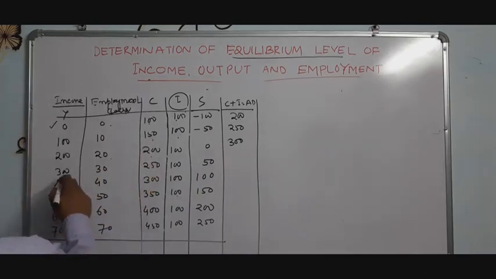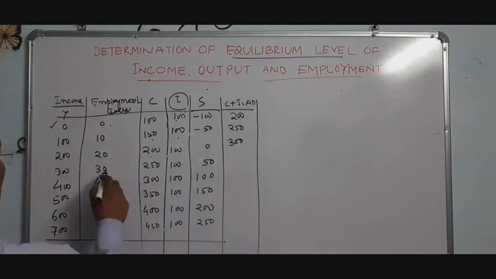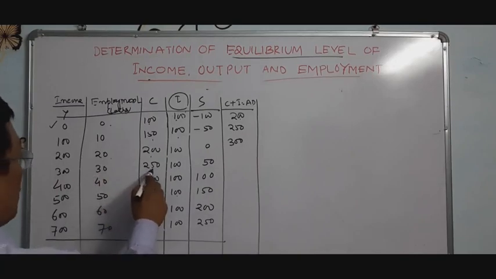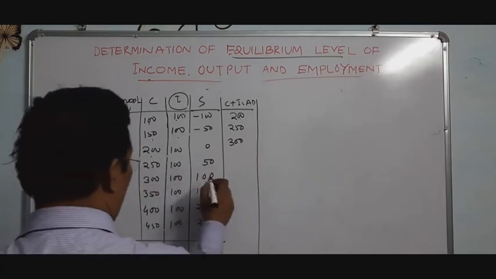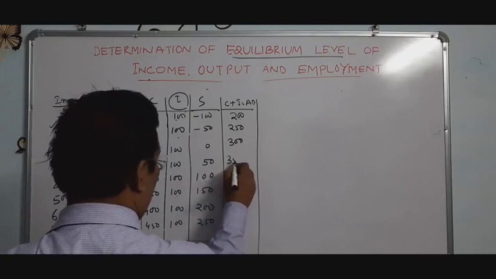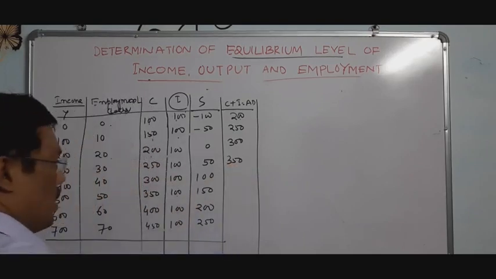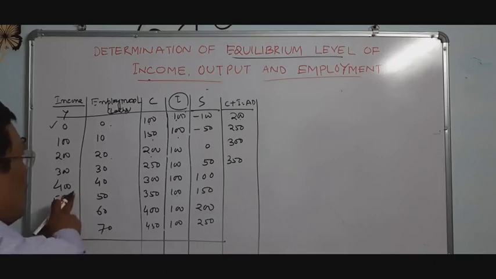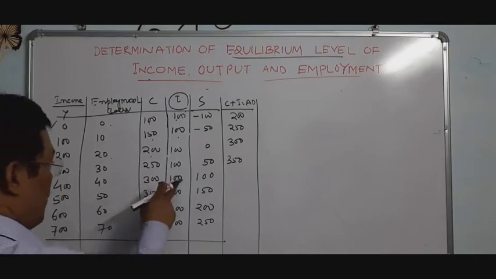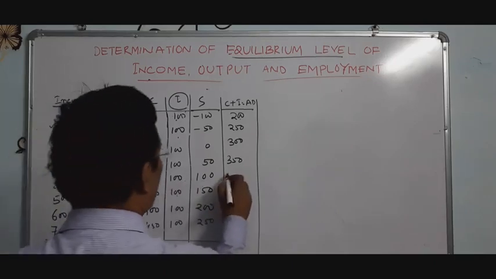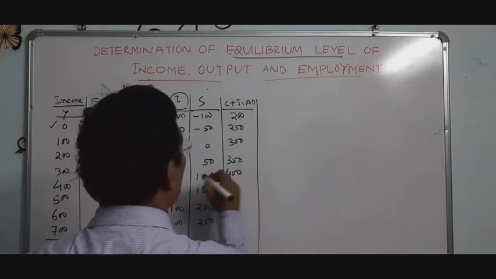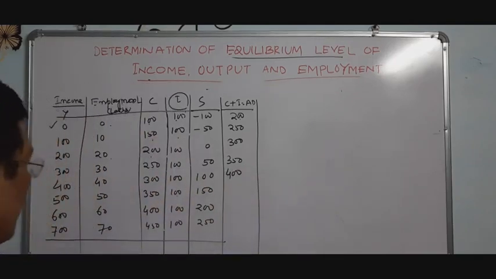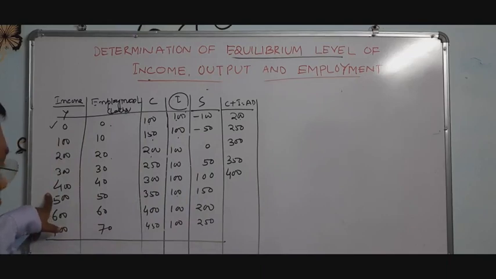At 300 level of income, employment is 30 lakhs, consumption is 250, investment is 100, so aggregate demand is 250 plus 100 equals 350. Similarly, at 400 level of income, consumption is 300 and investment is 100, so 300 plus 100 equals 400 is the aggregate demand.